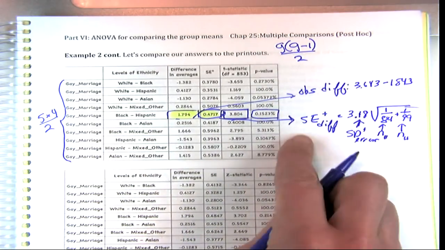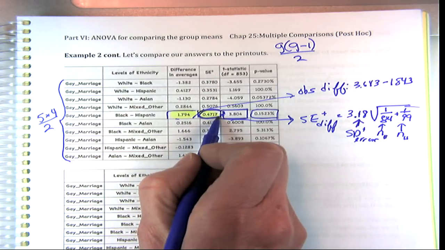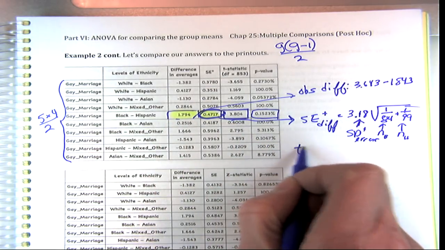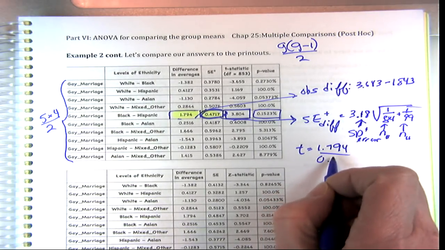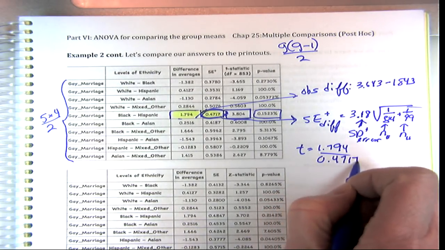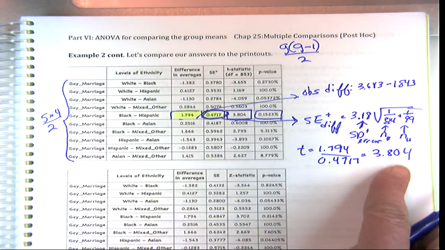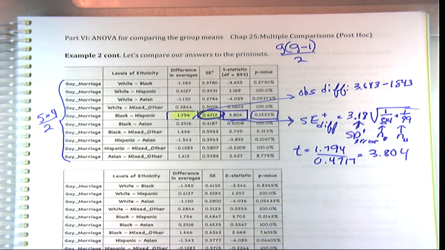And that's all we did. And that's how you got this. And then the t was just 1.794 divided by that. And that's how we got that. And then we multiplied, so that's all we're doing here. Any questions on that? All right. So you're good on that, and so let's move on.